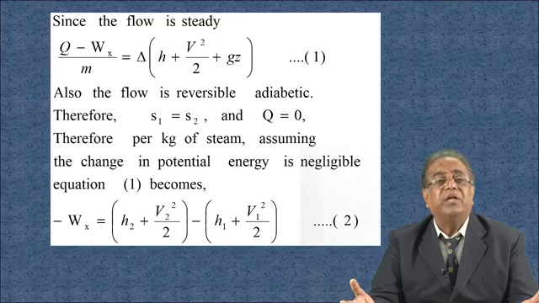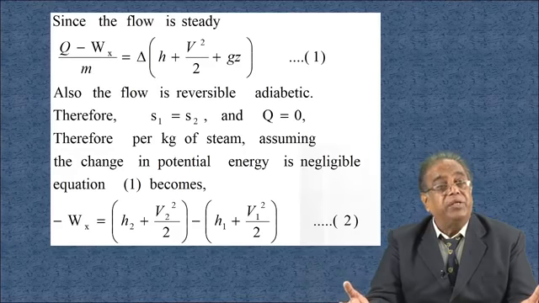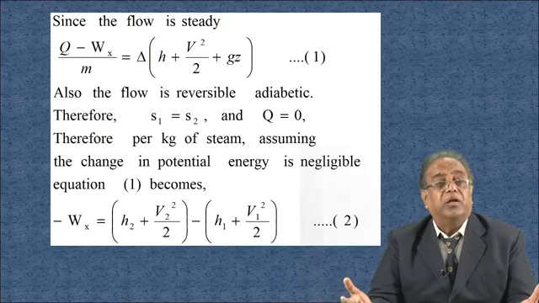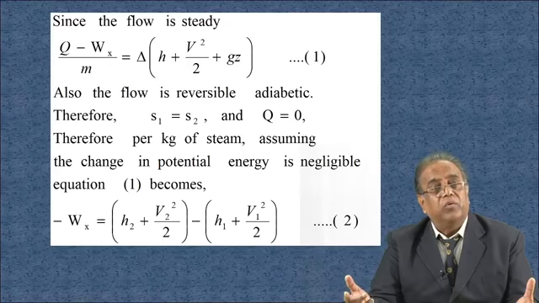We assume that there is no heat loss since it is an adiabatic process. So Q is equal to 0. Therefore, per kg of steam, assuming the change in potential energy is negligible, the equation becomes minus Wx equal to within bracket H2 plus V2 square by 2 bracket close, minus within bracket H1 plus V1 square by 2.